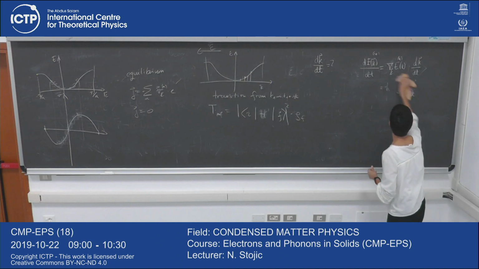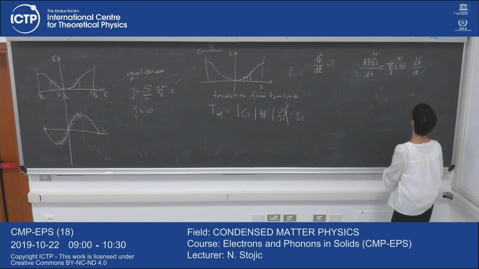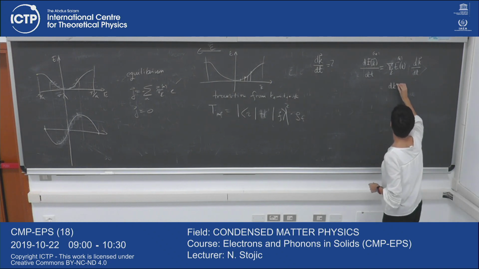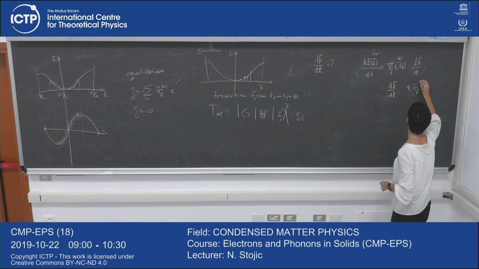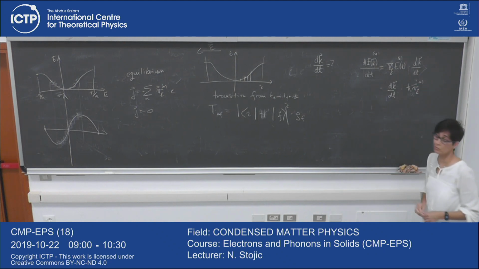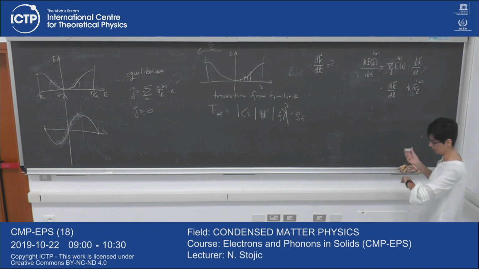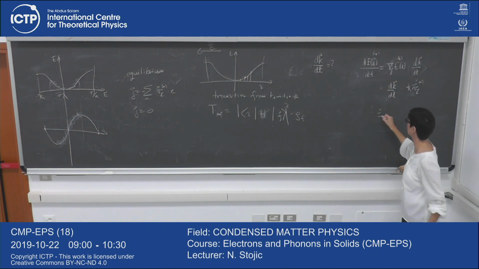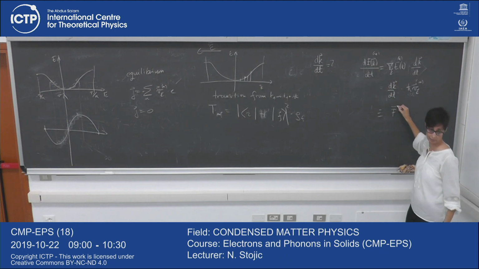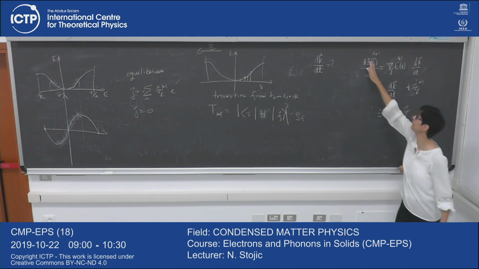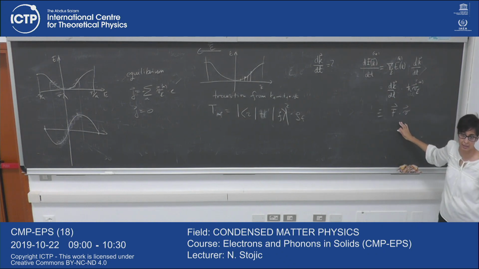Actually, let me just change the order: dk over dt times h times velocity. If you remember from some basic physics course, in principle this is equal to force times velocity. So this equals that.